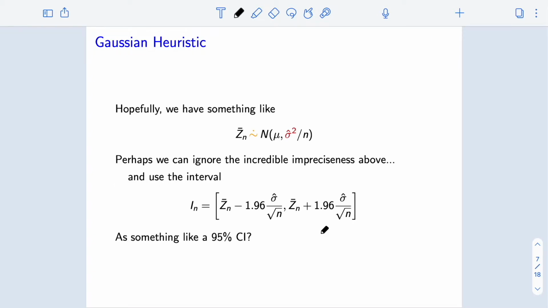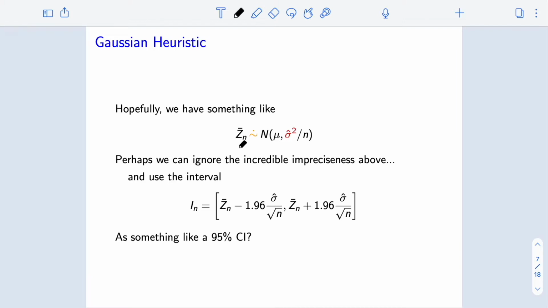So for a moment, ignoring how imprecise this whole argument is, if we pretend this is a meaningful statement, perhaps we can mirror the calculation we did before in the case that the sample mean had an exact Gaussian distribution.